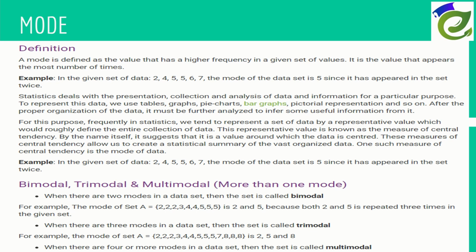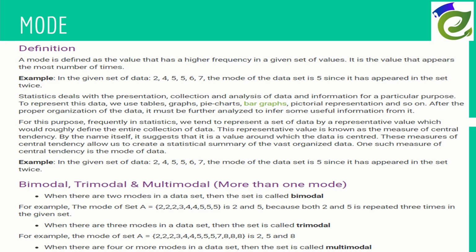Here we can see that 2 has repeated thrice, 3 once, 4 twice, and 5 thrice. 2 and 5 are repeated thrice, and thrice is the highest frequency in the whole set. So we have two modes, 2 and 5, because they have repeated 3 times, the highest frequency.